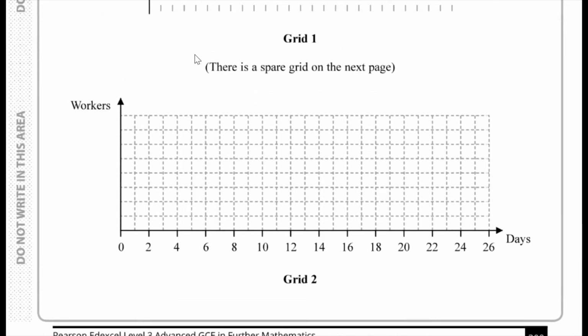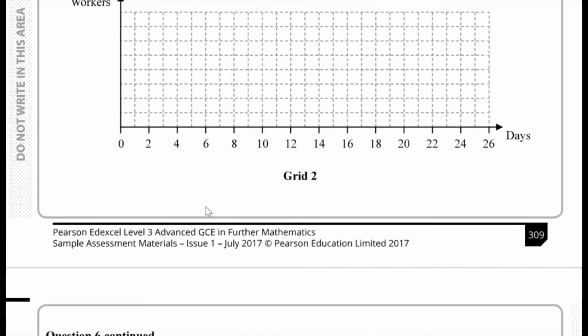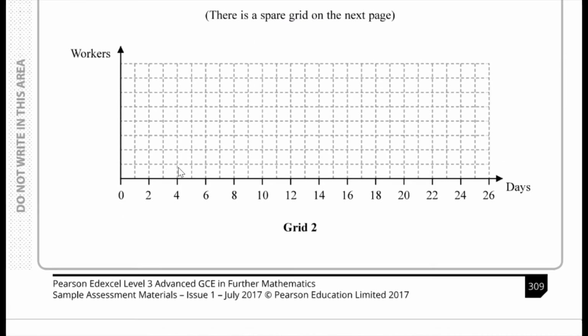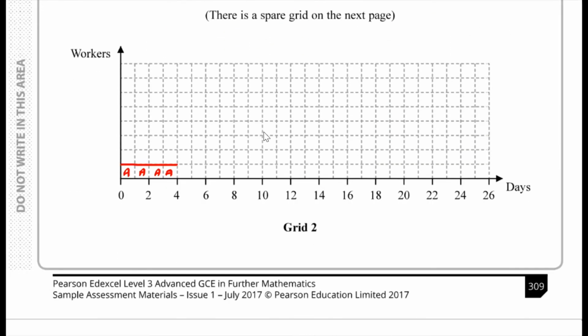Okay, so let's just add those in. So we start over here with A. If we go back, A has duration 4. So we have A, which takes us up to here. And then after A, we have C, which takes us up to 11. So let's just rule this off.